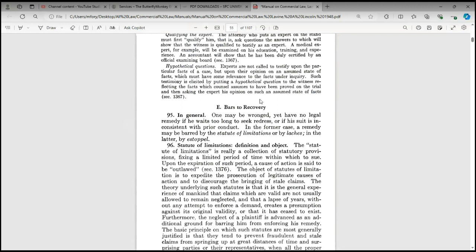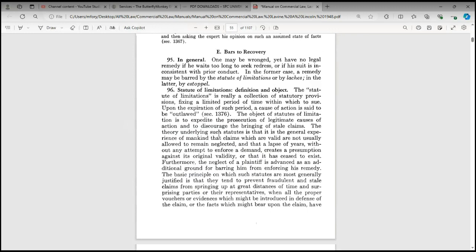Such testimony is elicited by putting a hypothetical question to the witness reflecting the facts which counsel assumes to have been proved on the trial, and then asking the expert his opinion on such an assumed state of facts.